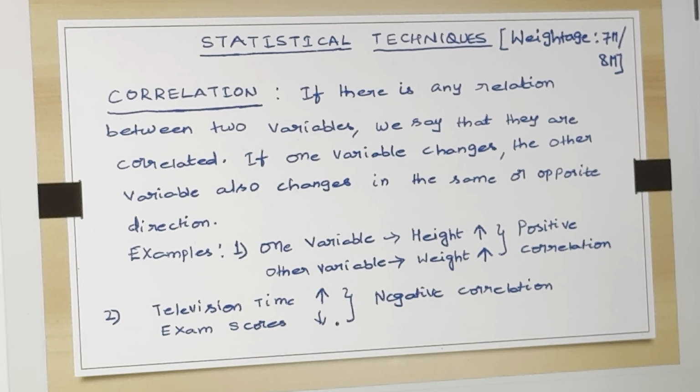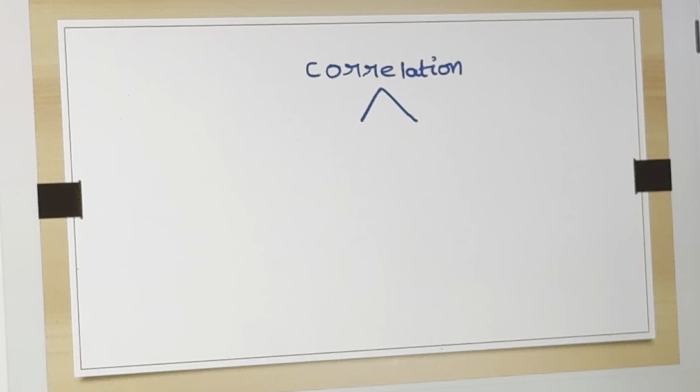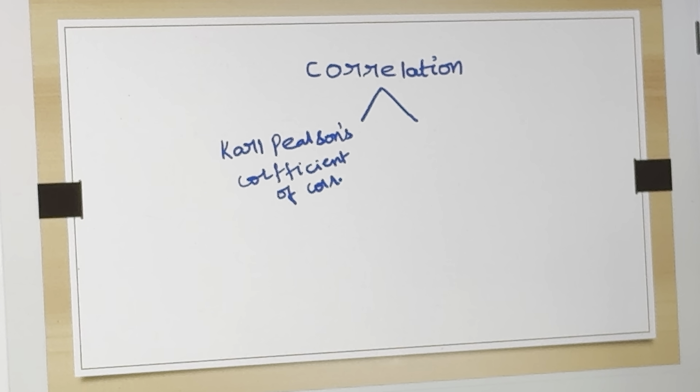Now let us understand the different types of correlation. Correlation is classified into two types. What are they? The first one we call Karl Pearson's coefficient of correlation. Now this Karl Pearson coefficient of correlation is denoted by small r. Similarly, the second type of correlation is Spearman's rank correlation.